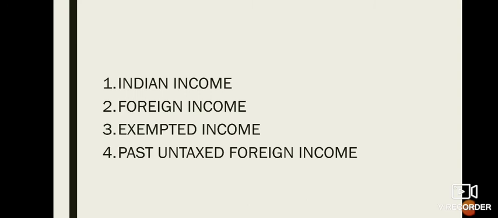Foreign income is taxed in the hands of only one person, that is, the ordinarily resident has to pay tax if it is salary, house property, capital gain, other sources, etc. If it is business income controlled and managed from India, then ordinarily and not ordinarily resident have to pay tax on that foreign income. Otherwise, exempted income and past untaxed foreign income are not at all considered while computing the total taxable income of the assessee.